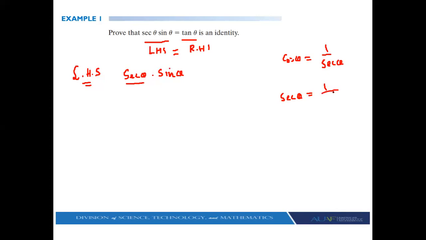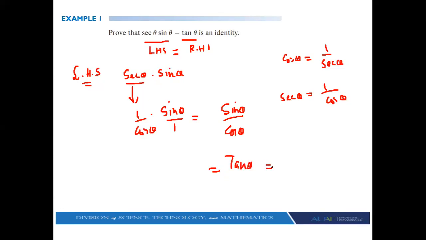So secant theta is equal to 1 over cosine theta. So we can replace this by 1 over cosine theta multiply with sine theta. Correct? This is multiplication. Numerator multiply with numerator, denominator multiply with denominator. Sine with 1, sine. Cosine with 1 equal to what? Cosine theta. And we know that sine over cosine equal to what? Tangent theta. So this one is actually your right hand side.